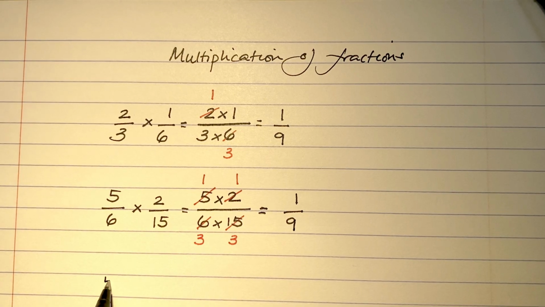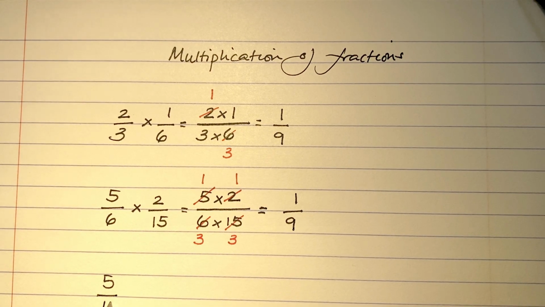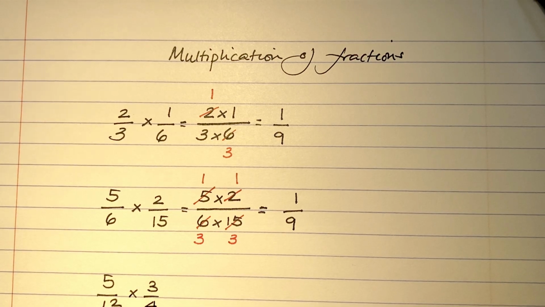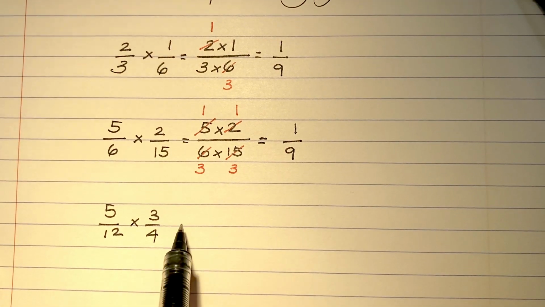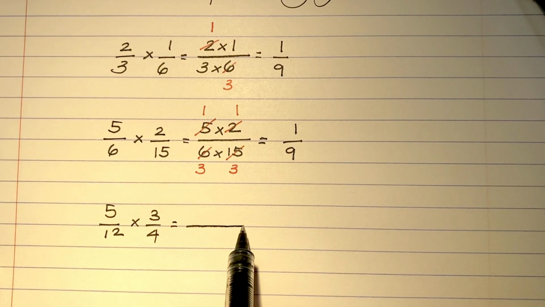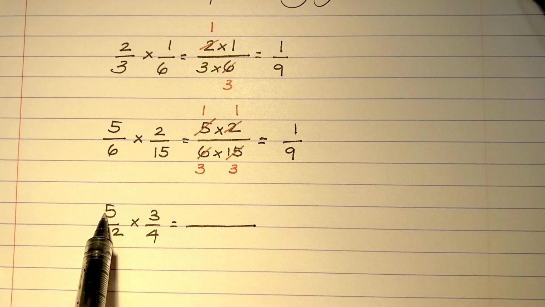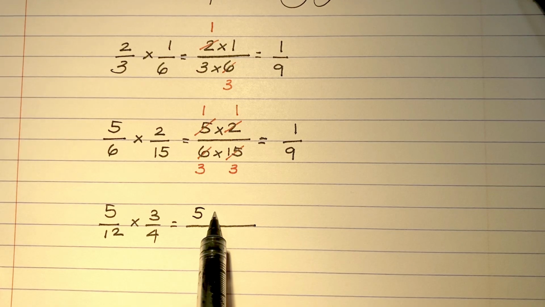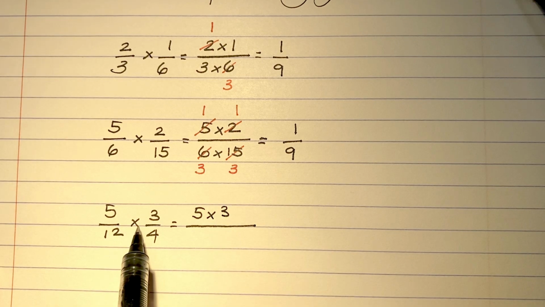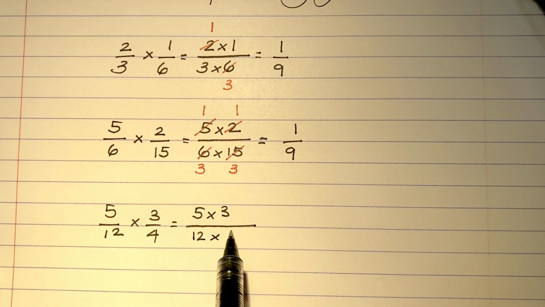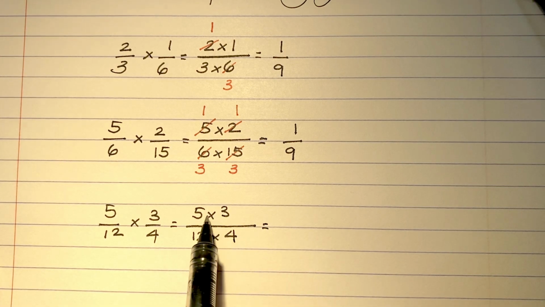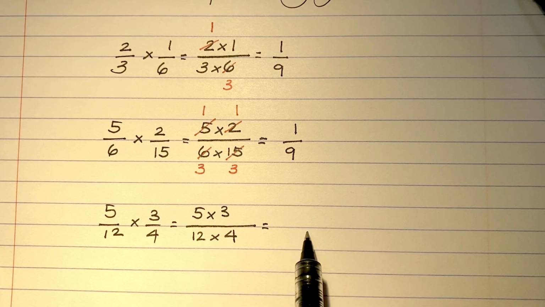Another one, 5/12 times 3/4. Very simple, much easier than adding and subtracting. 5 times 3, 12 times 4. So if you don't simplify here, you end up with 15/48 to cancel, where here it's easier to cancel at source first.